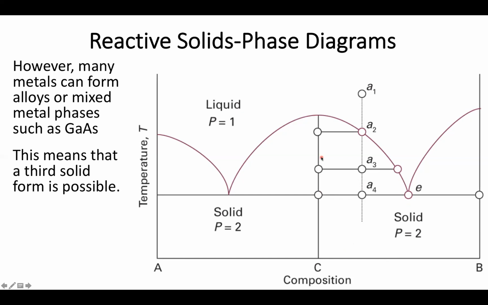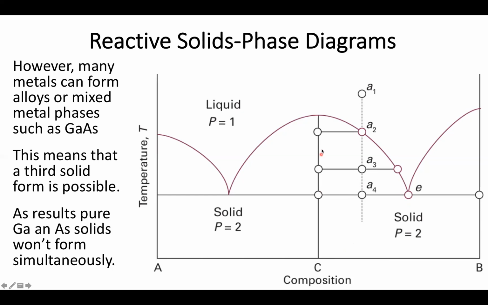or if we go back to the gallium arsenic fact, if I've got a complex or an alloy in the middle, it means that there's no way to form the gallium and the arsenic solids simultaneously. Because either I'm going to generate a liquid, but when I condense this liquid, it's going to do one of several things. Either I'm going to make pure arsenic with a gallium-rich liquid, I'm going to make gallium arsenide with a gallium arsenic-rich liquid, or I'm going to make arsenic and gallium arsenide.